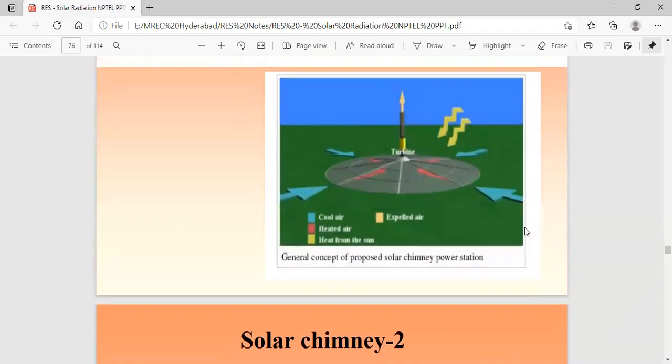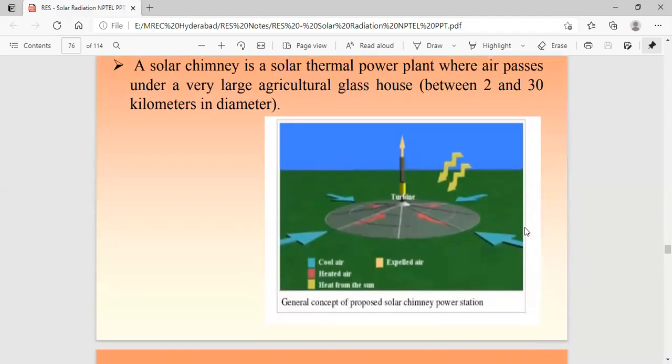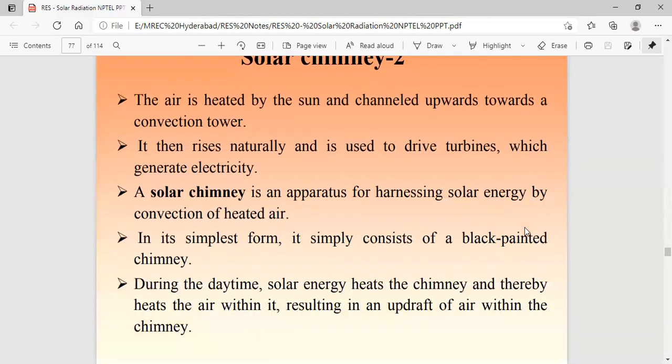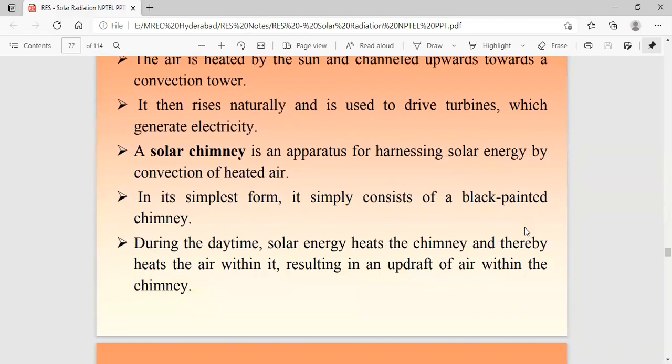So this diagram shows a solar chimney. The air is heated by the sun and channeled upwards towards a convection tower. It then rises naturally and is used to drive turbines which generate electricity.